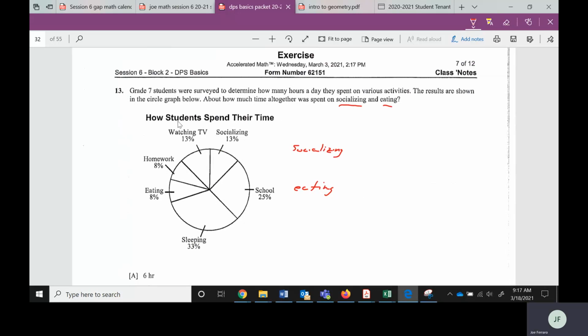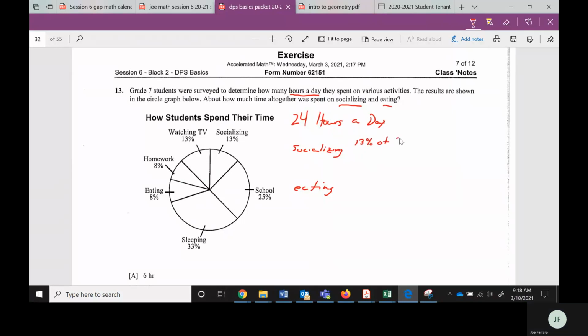Okay, and it doesn't tell us here, but it says this has to deal with hours a day. So a day has 24 hours. Okay, so these percentages, if we have to find the hours they do them, we have to do that per day.